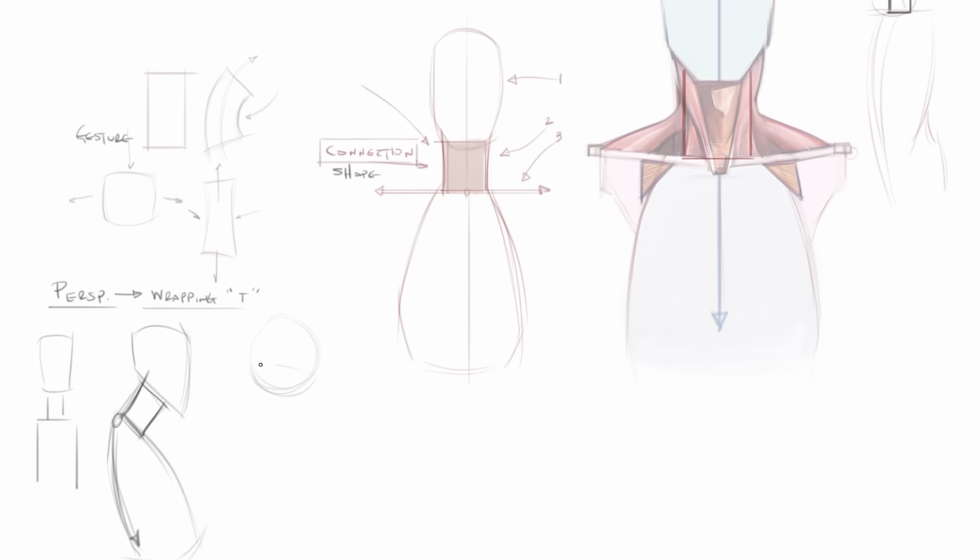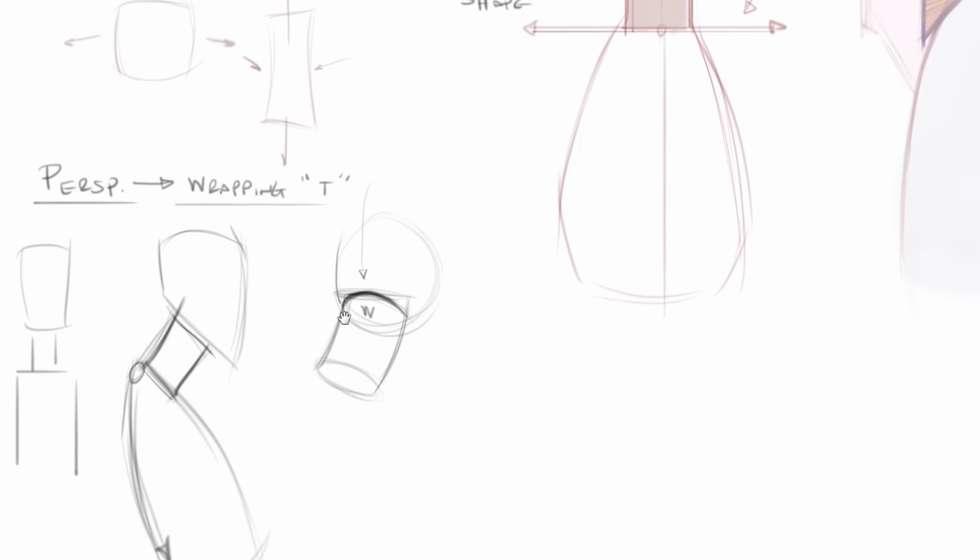Anytime I see a figure that would be back three-quarter, or anything like that, the relationship between the two masses, head and rib cage, through the neck, will always be of a perspective setup like this, where I'm going to be seeing the neck moving away and plugging into the back of the head. So this here is a wrapping line that wraps the neck into the sphere of the skull shape, and then overlaps where I've pushed that form into the sphere to begin with.